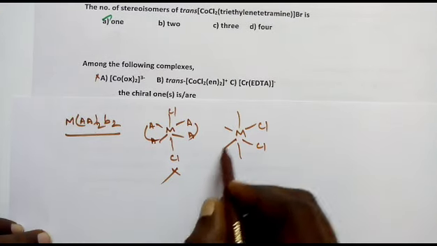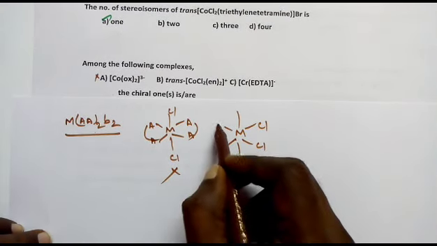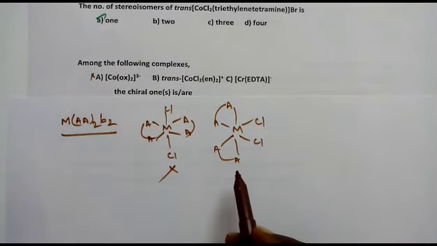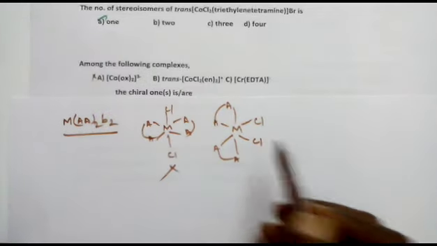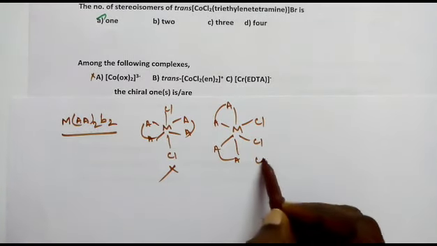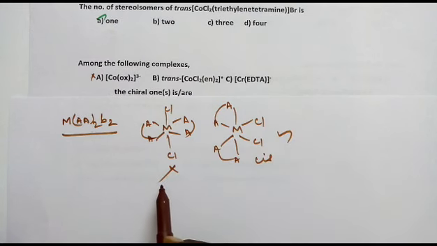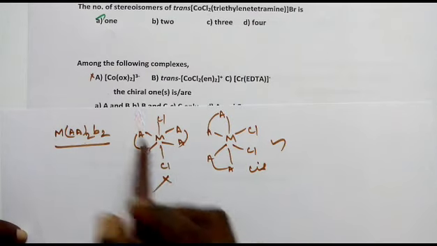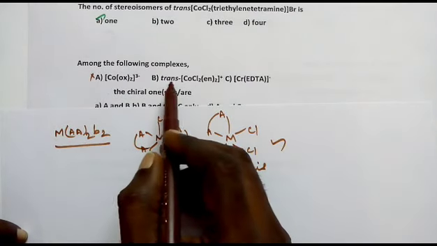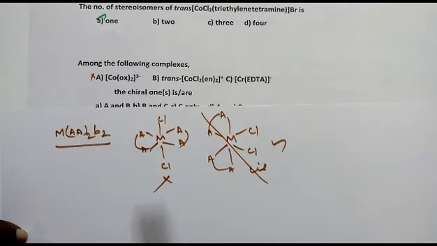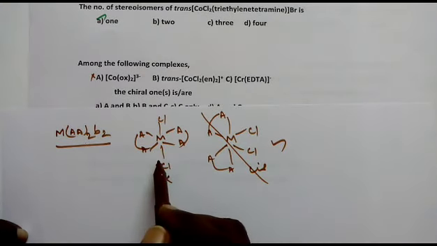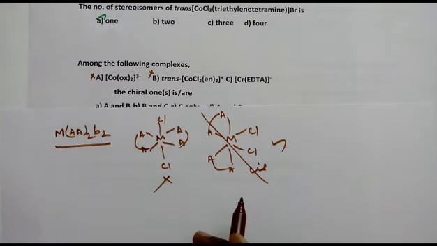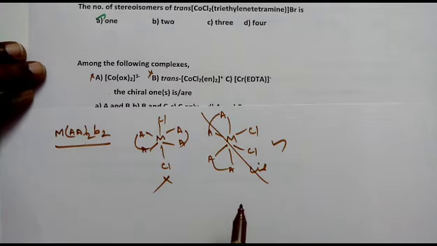Cl, Cl, A, A. Cl means B. So cis is optically active, trans is optically inactive. The question is what? The chiral one. They have given the trans isomer, not cis. Trans is optically inactive, we have already studied. So B is also not the answer.